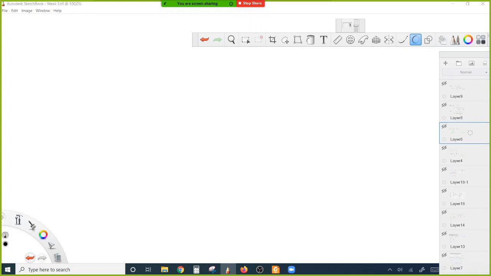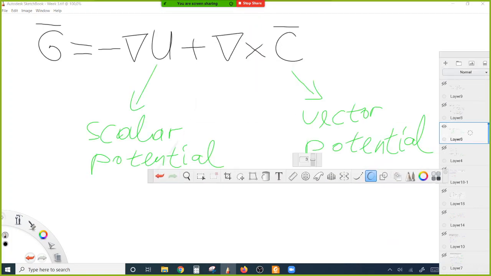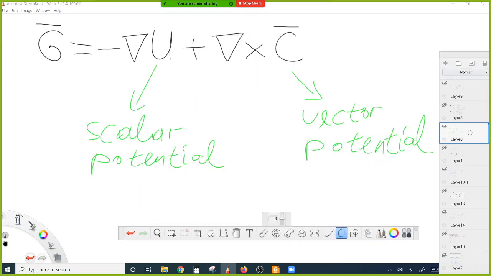We have seen here that we define a scalar potential U and a vector potential C, and these two quantities describe our vector field G completely.